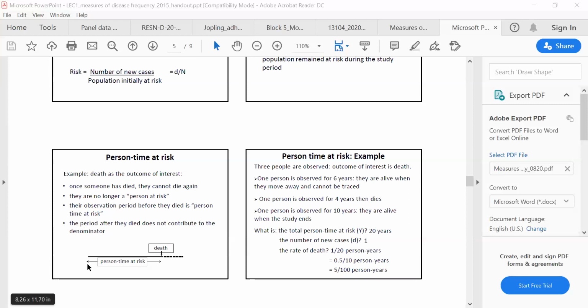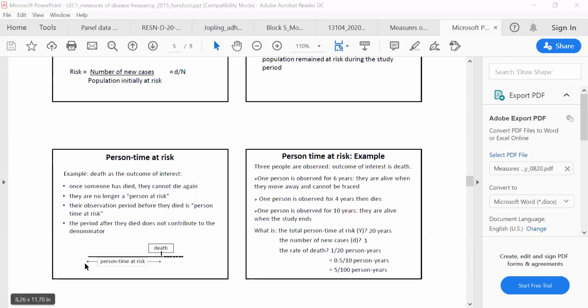So in this case, let's say our outcome of interest is death, and the person time.